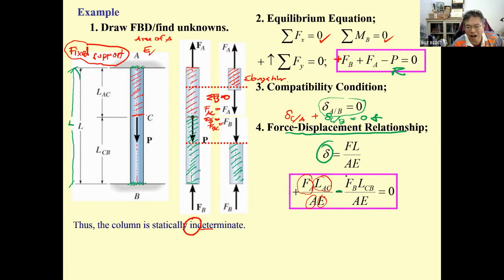That's why they change this symbol from positive to negative. And then this is subject to F sub B, L sub CB, okay, and then AE.